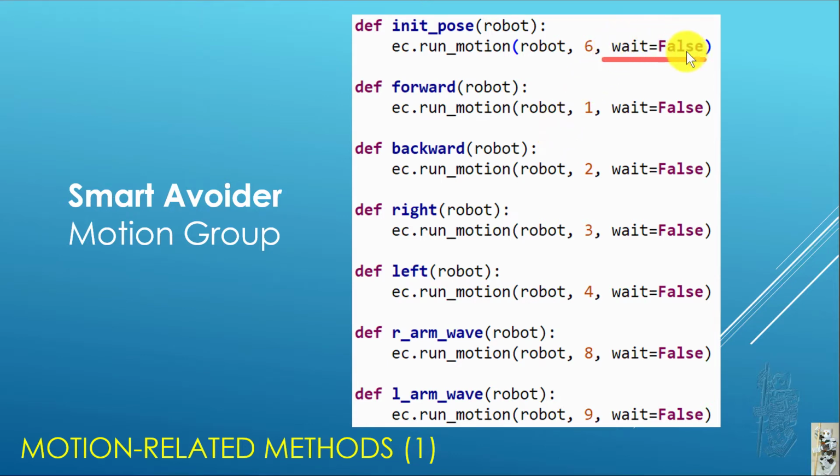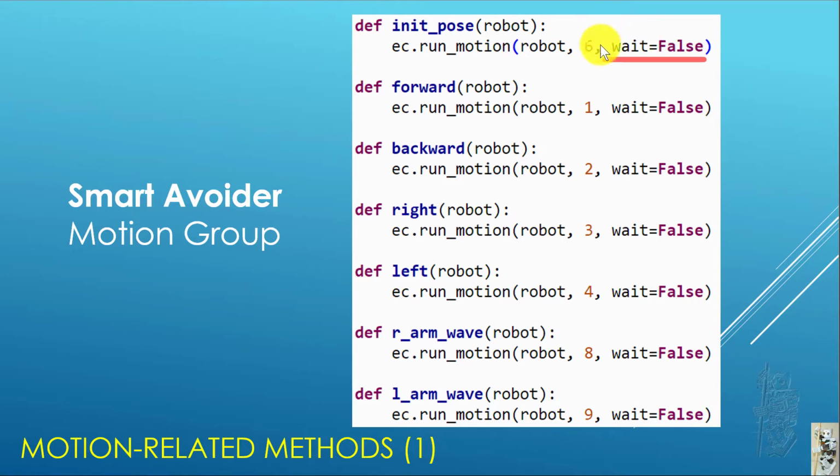But Edbot gave you an option where you put the second parameter wait, you set it to false, and then it will send the command to run the motion page, and it goes on and executes the next Python statement, whatever that happened to be inside your program. So I'm using wait equal false here in this example.